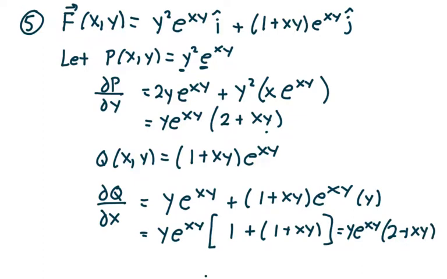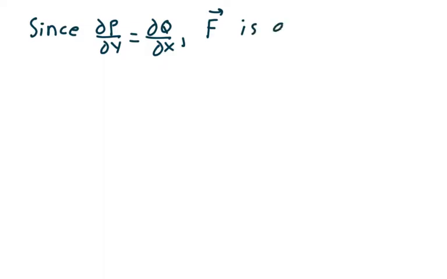So it does turn out, since the partial of p with respect to y is the partial of q with respect to x, f is a conservative vector field.